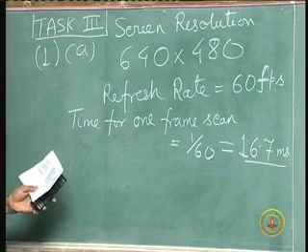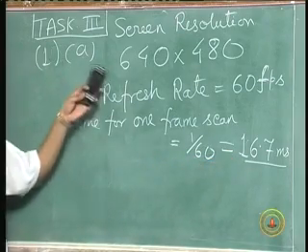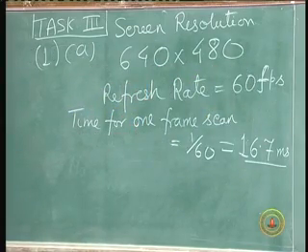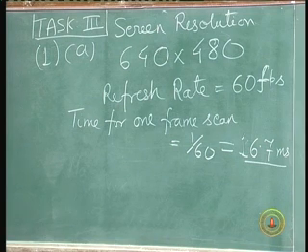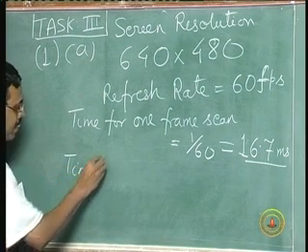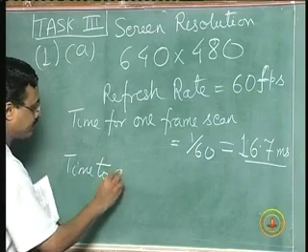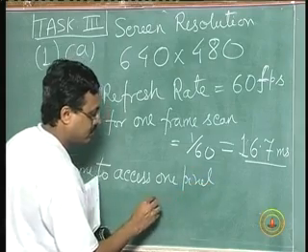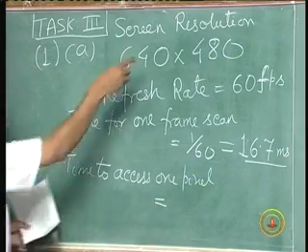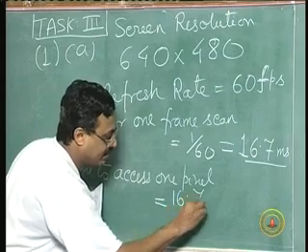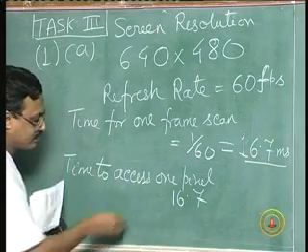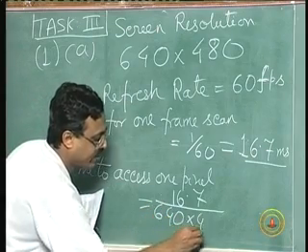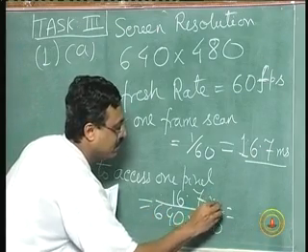Now, in 16.7 milliseconds it must access so many pixels. 640 multiplied by 480 pixels must be accessed in 16.7 milliseconds. So, the time to access 1 pixel is actually 16.7 divided by 640 multiplied by 480, so many milliseconds.